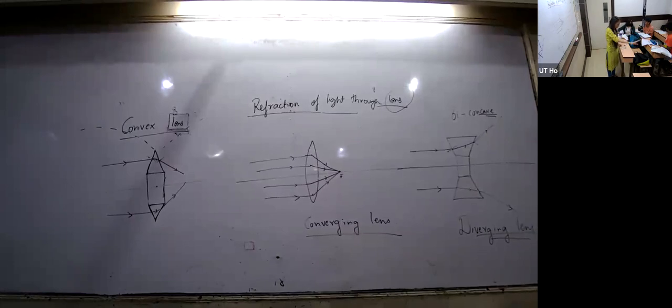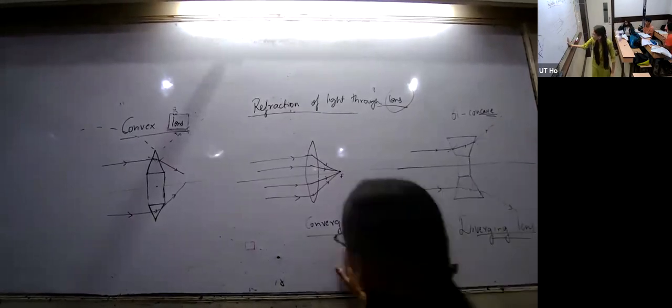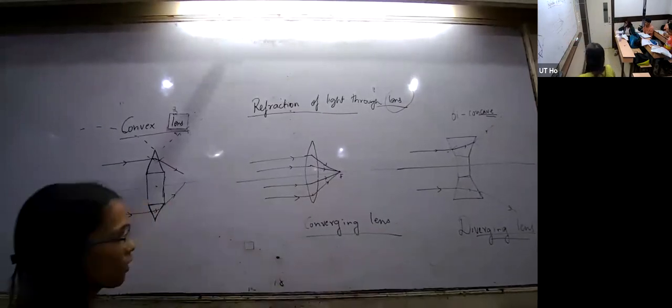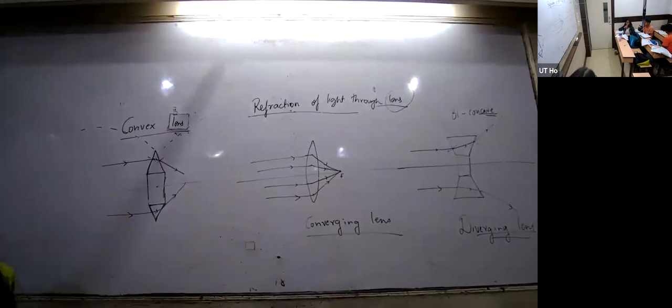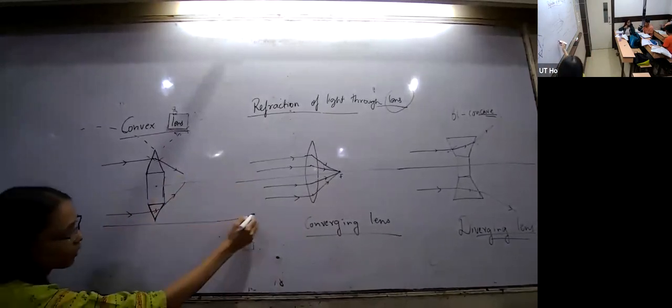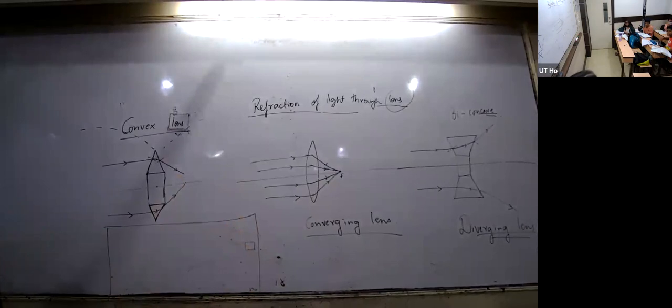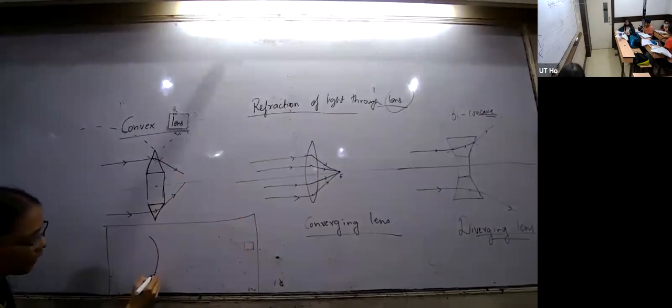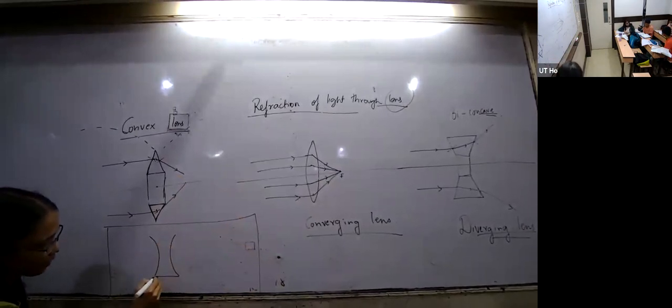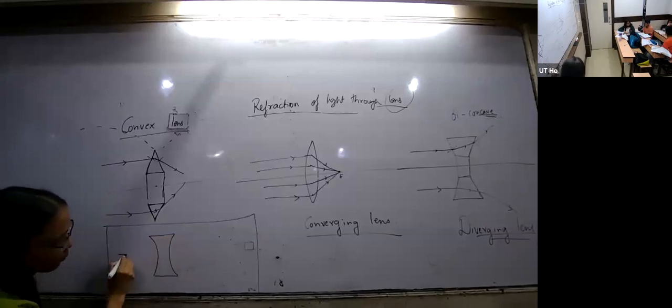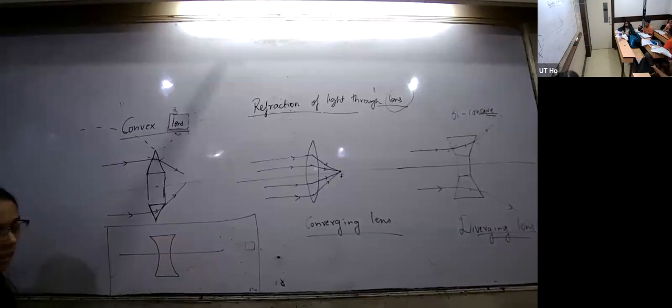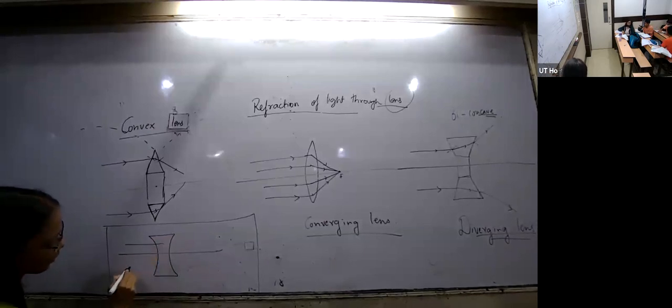We can use this lower space. So that last one I am drawing it over here. How will the simplified diagram look? I will draw a concave lens. This is my principal axis. Rays are hitting parallelly.